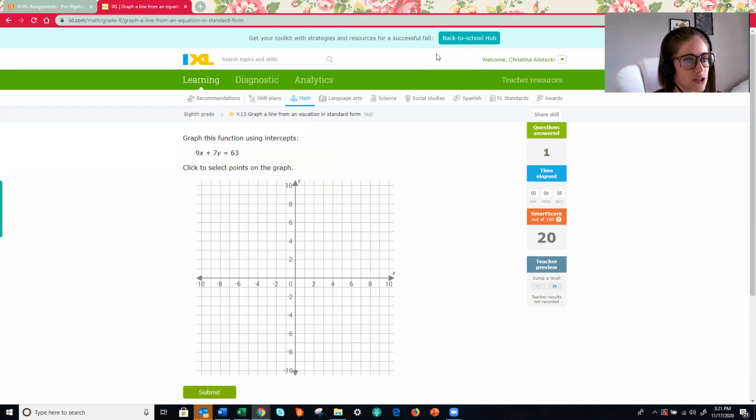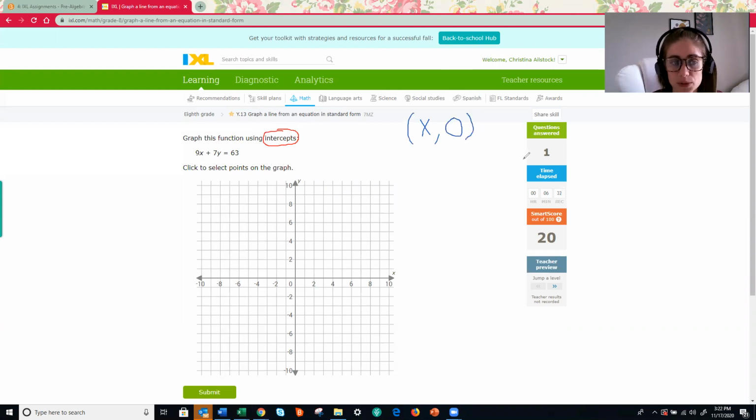So same thing, the directions are not changing, we want to graph using intercepts. So we are going to substitute zeros in so we can find both our x- and our y-intercept. Let me switch up my colors. So remember, for the x-intercept, we have some number for x, and then our y value is 0.